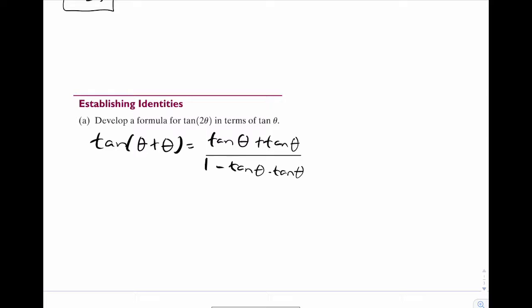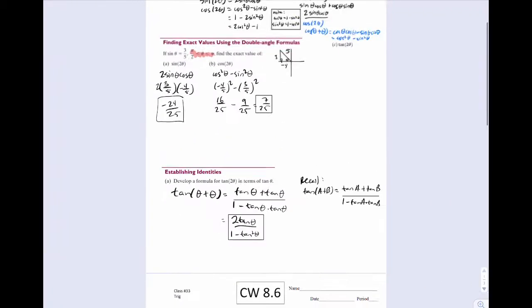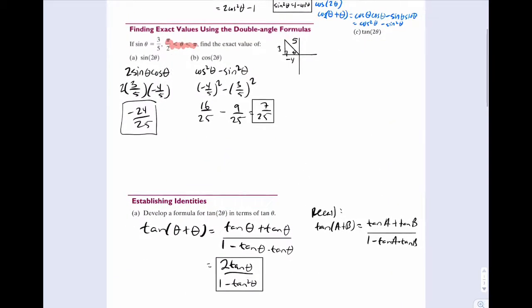Now, if you're wondering how I did that, just recall tan of A plus B is simply tan A plus tan B all over 1 minus tan A times tan B. Now we simplify, that's simply 2 tan theta over 1 minus tan squared theta. And there it is.